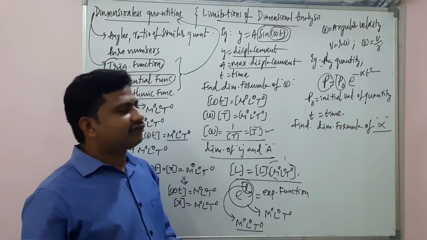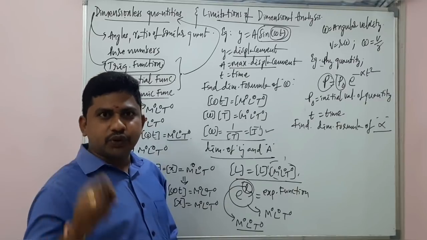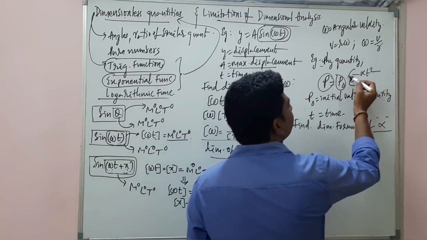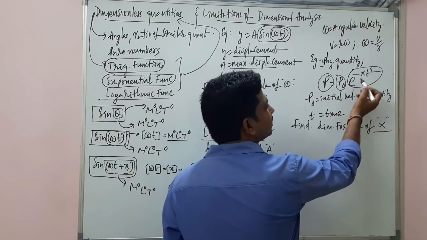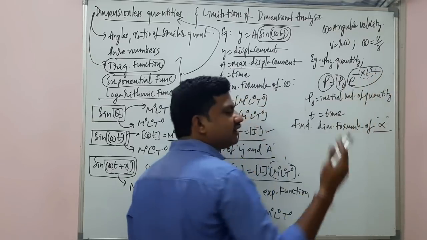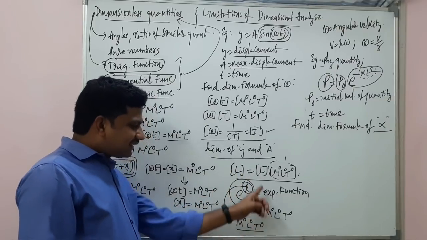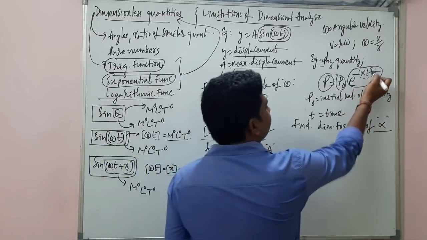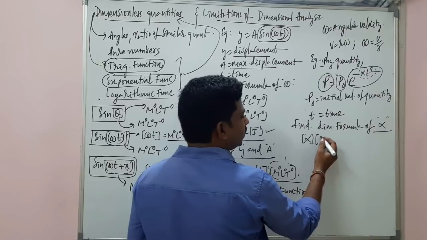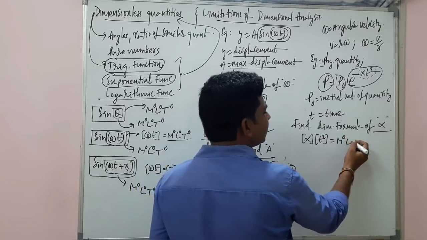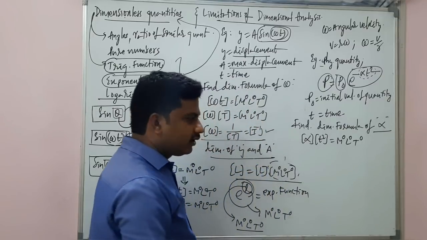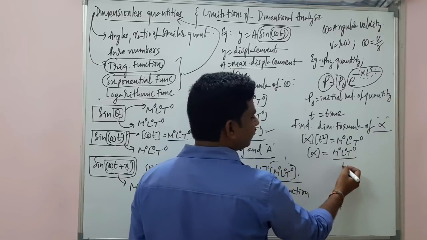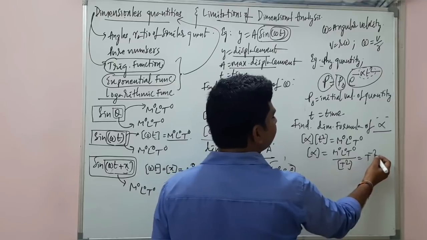Alright. So what I have told you, when you find an exponential, trigonometric or logarithmic function, immediately write down that it will not have any dimensions. When this is not having dimensions, alpha t square also will not have any dimensions. I told you, when e power x is not having dimensions, this x also will not have dimensions. So alpha into t square will have dimensions m0, L0, t0, and the dimensions of alpha will be m0, L0, t0 divided by t square, so that is t minus 2.